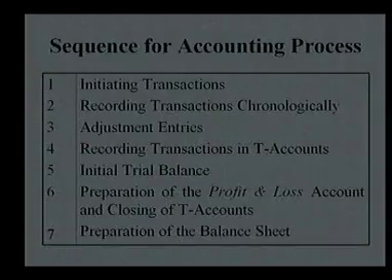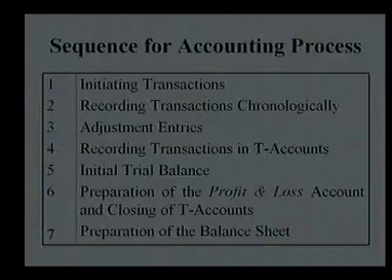Now, this also we have discussed in principle, what are the different steps involved in the accounting processes. For example, once the transaction has been initiated, you start writing it. Now, you don't record the transactions until and unless you have some supporting documents available with each of these transactions.